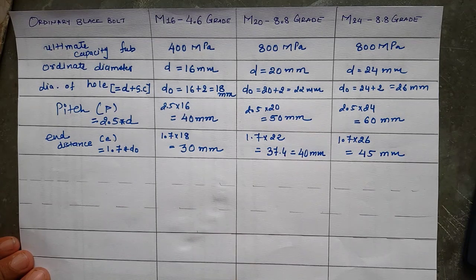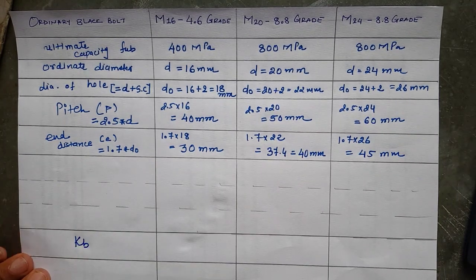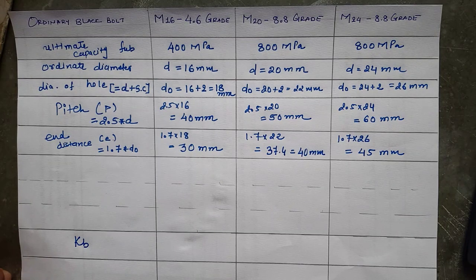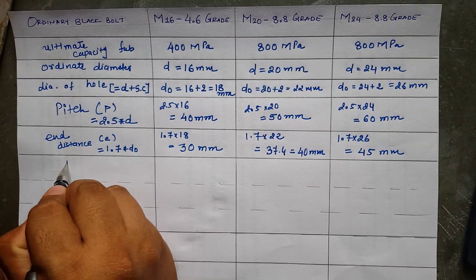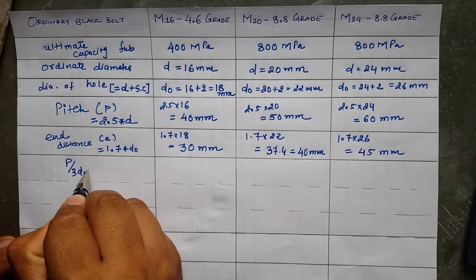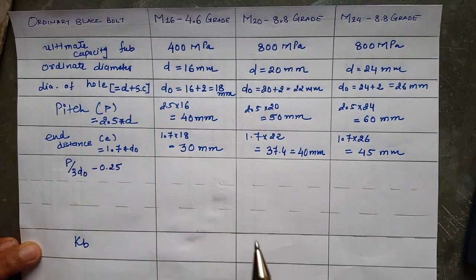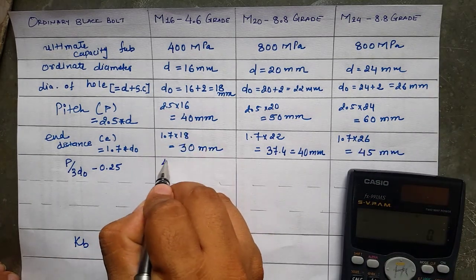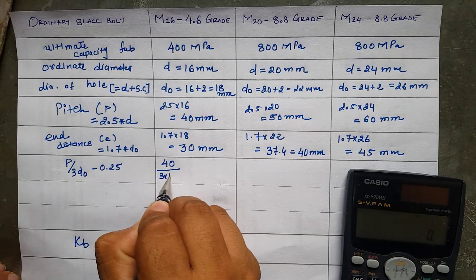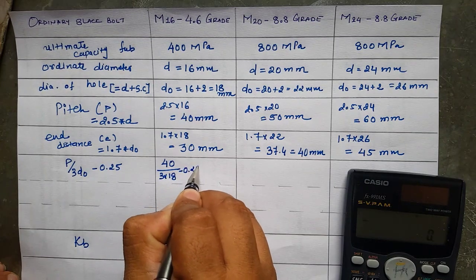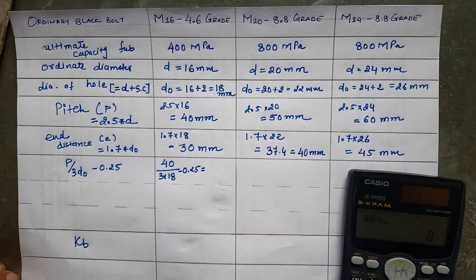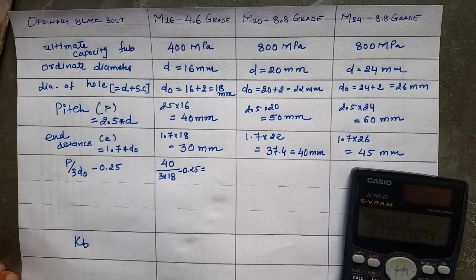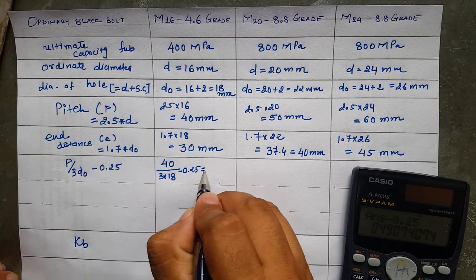Now after calculating pitch value and end distance, we will calculate the value of KB first. Why KB? Because in bearing capacity we require KB, and it depends on P by 3D0 minus 0.25. So pitch value is 40 by 3 D0, with D0 18, minus 0.25, which is 0.49.